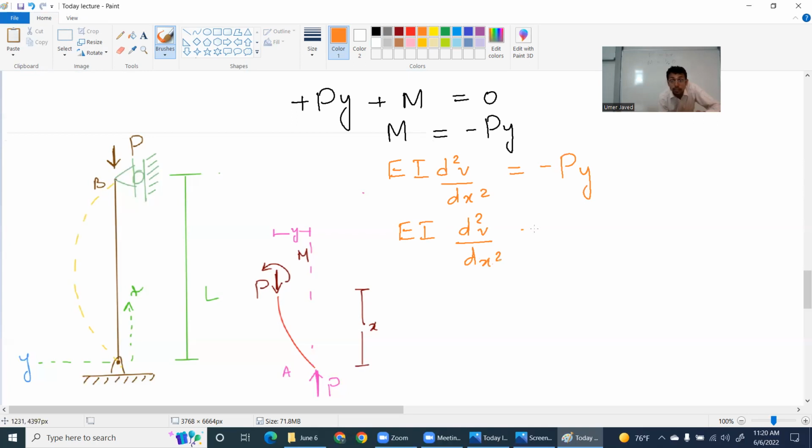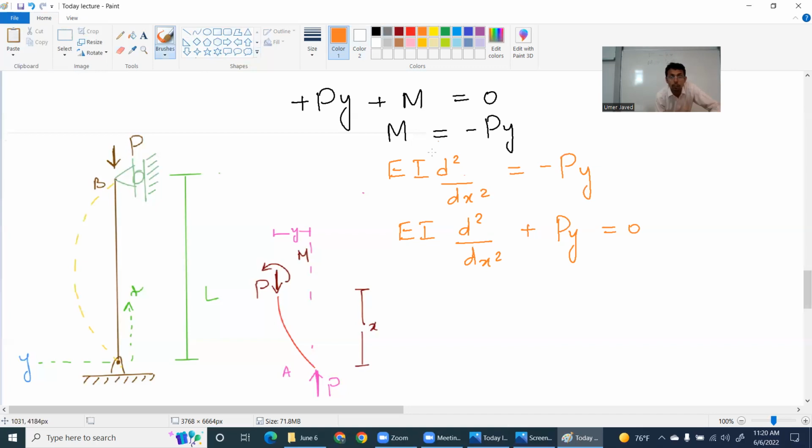Just bear with me, please. Plus Py equal to 0. I have to go through these little derivations. I think I have used y here, please forgive me. We were using v right before. That's fine.